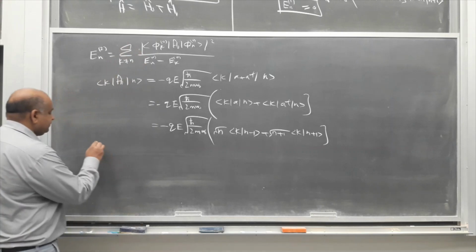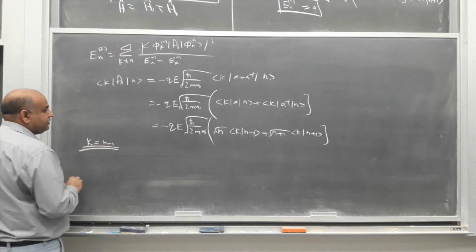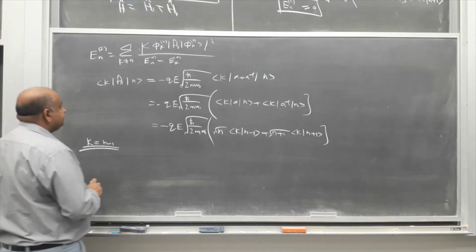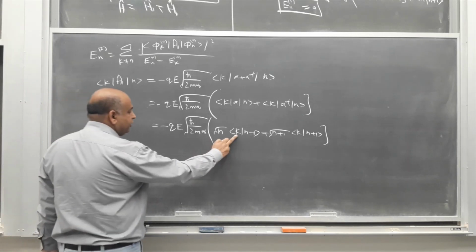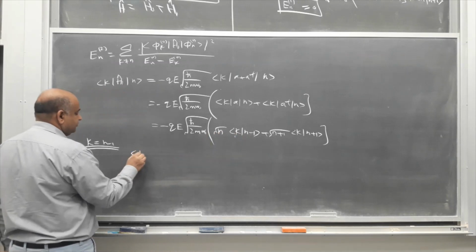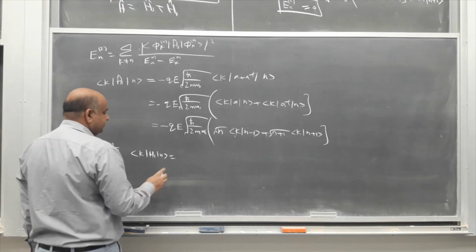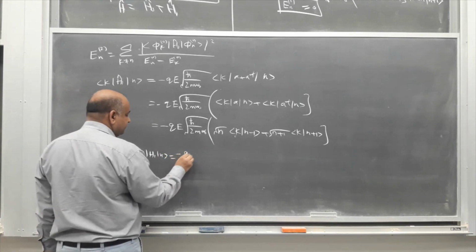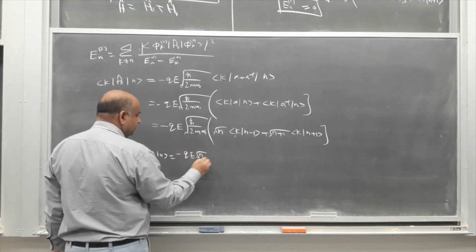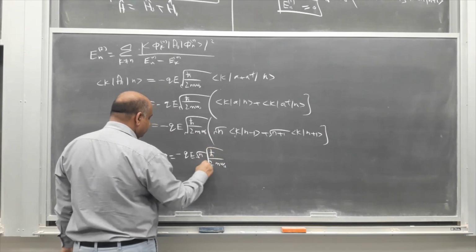The first term is when k is equal to n minus 1, where ⟨k|H1|n⟩ is minus qE √n √(ħ/2mω0).